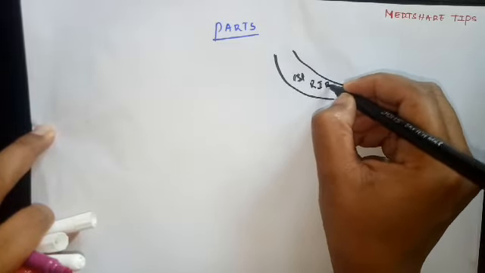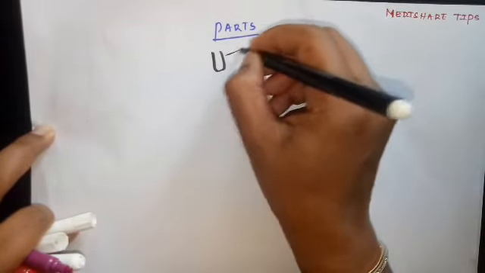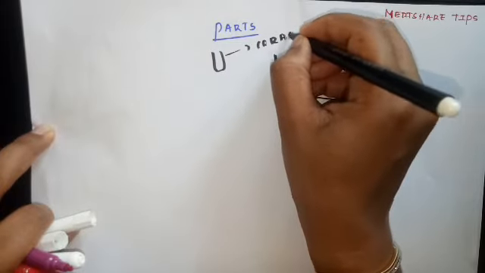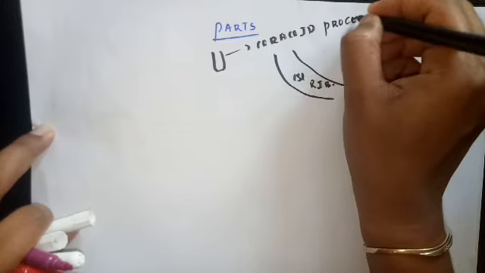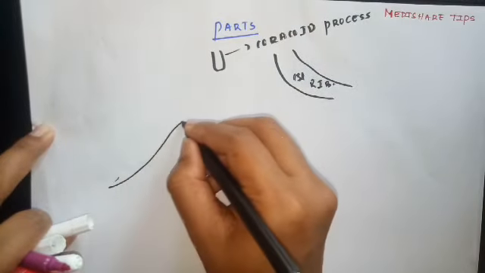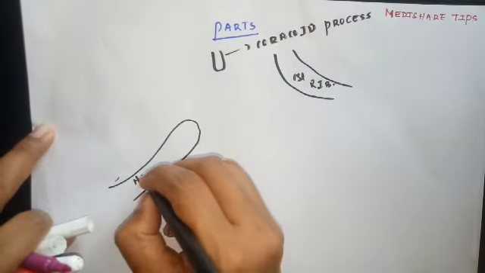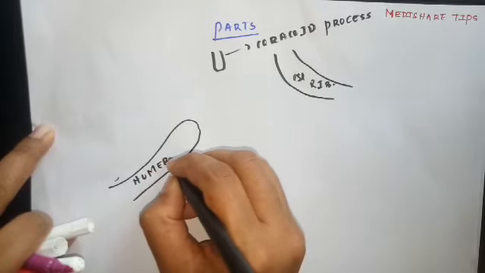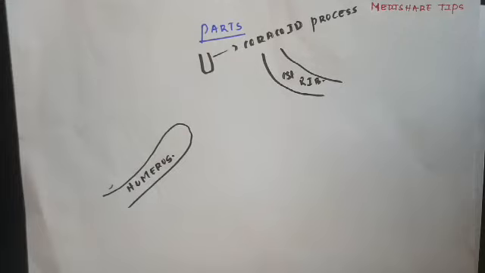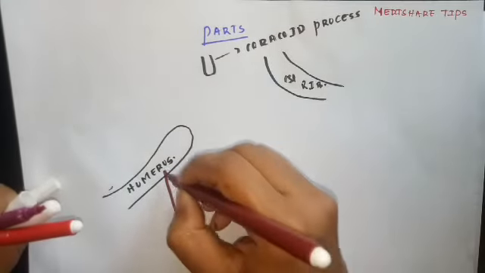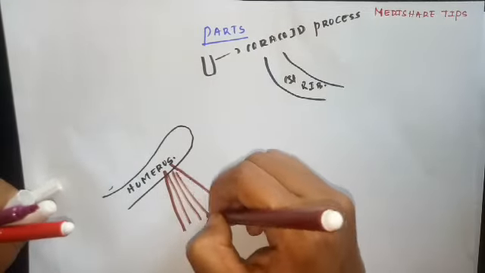This is the coracoid process. This is the humerus, and this is the teres major muscle.